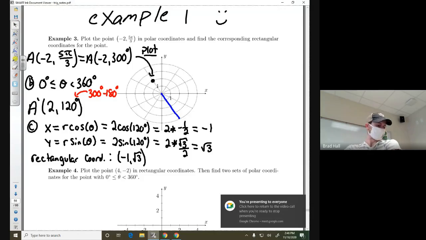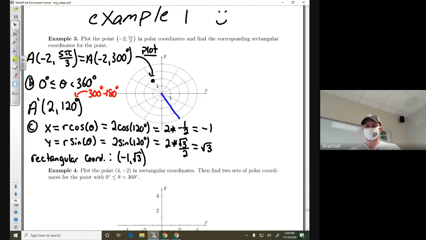All right, cool. So let's move on to the conversion from rectangular coordinates to polar coordinates. So this whole time we've been taking polar coordinates, rewriting them as rectangular ones, and we're going to go the opposite direction.